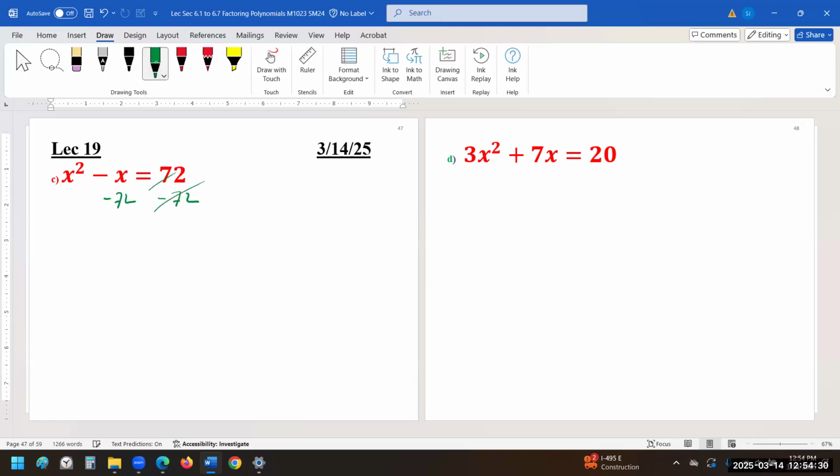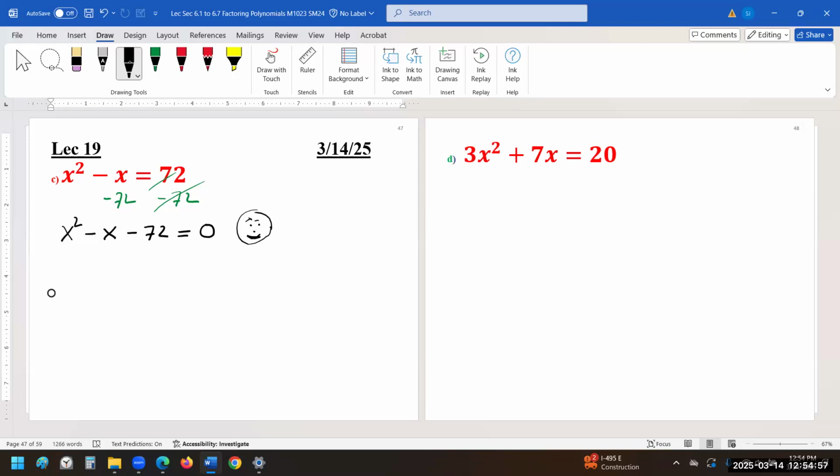So you subtract 72 from both sides. And that's how we have a nice quadratic equation on the left and 0 on the right. And now we are happy. We are happy because we have 0.